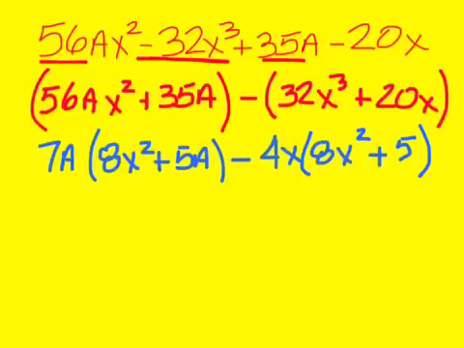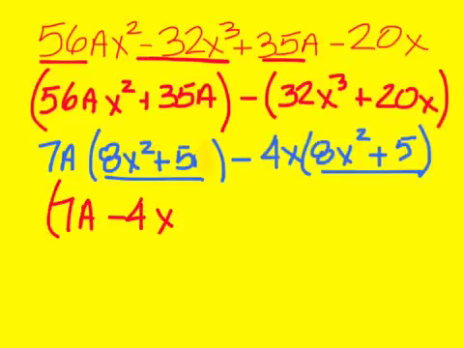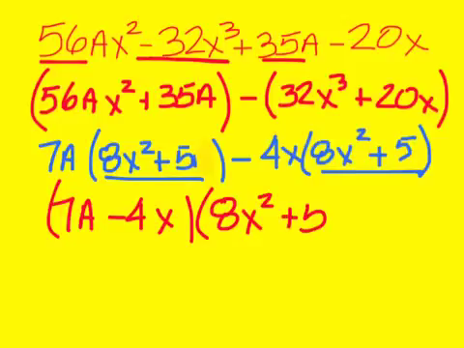Alright, so we end up with the same expression here and here. So it turns out to be 7a minus 4x in one quantity, and in the other 8x squared plus 5 in this one.